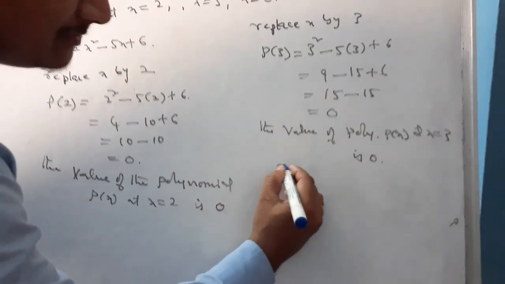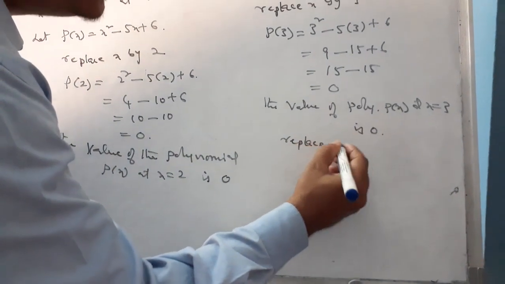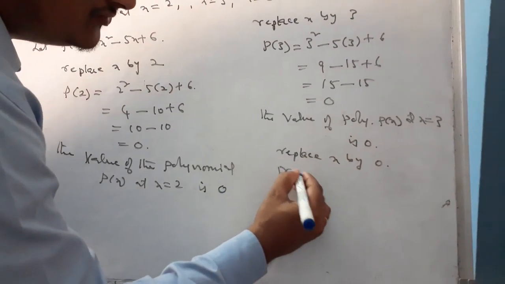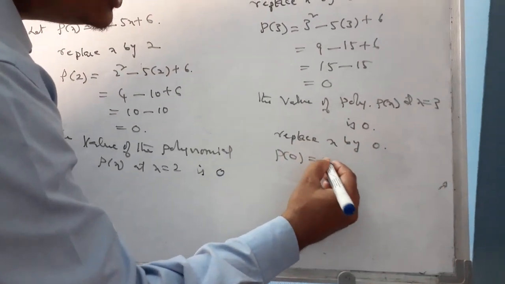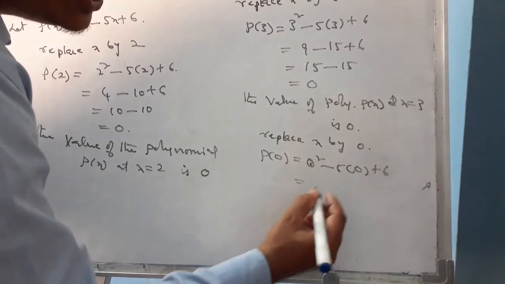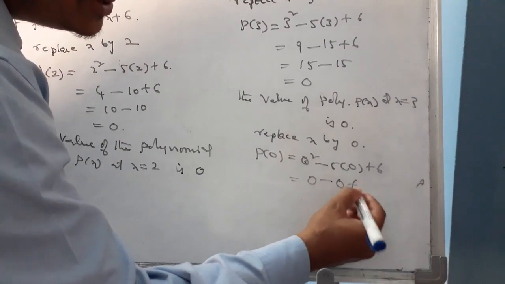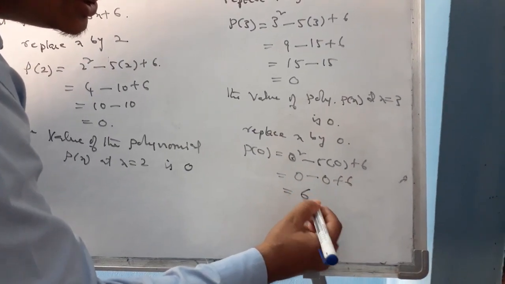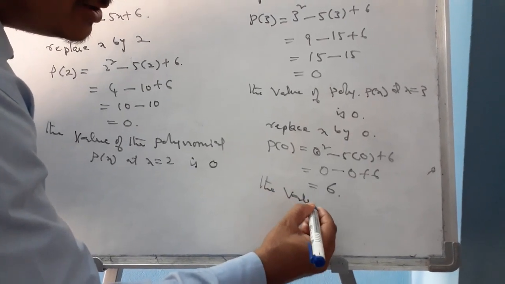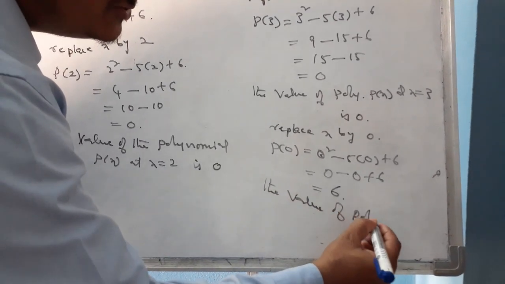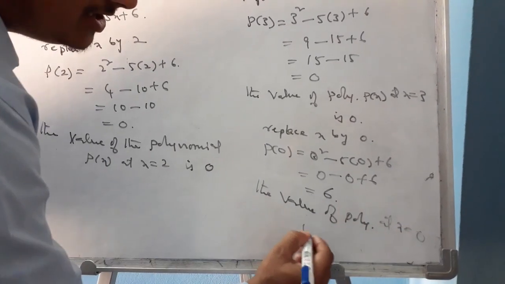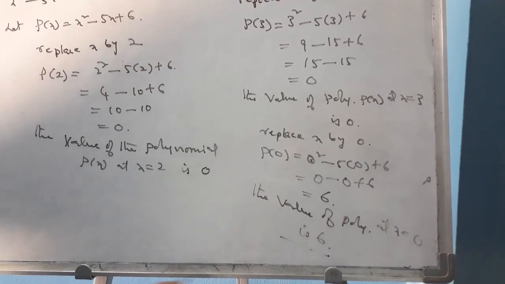Next, replace x by 0. So p of 0 is equal to 0 square minus 5 into 0 plus 6. That is 0 square means 0, minus 0 plus 6, equal to 6. So the value of the polynomial at x is equal to 0 is 6.